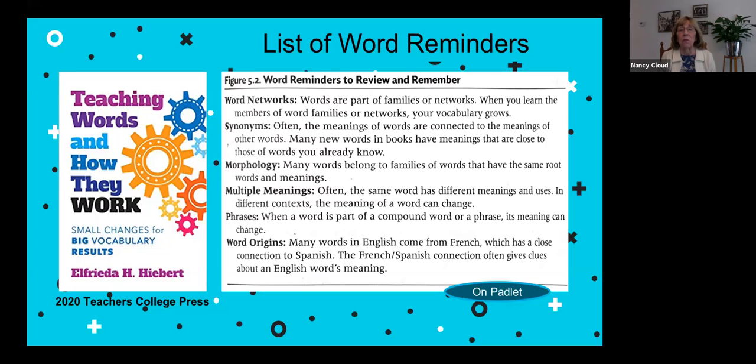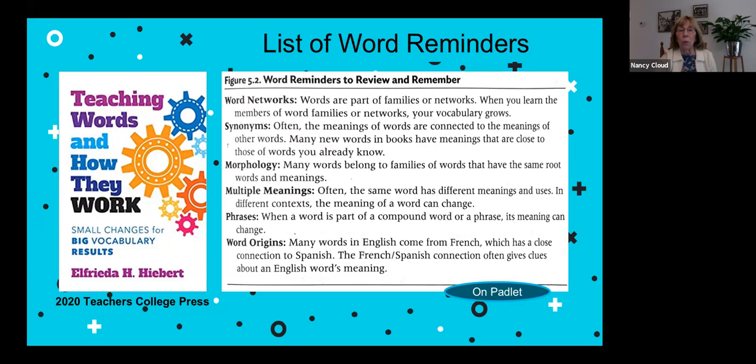The first of which is, hey, words are part of families or networks. And my vocabulary will grow if I learn more members of a word family. So not just the word deter, but also determined and so forth. Deterrent, right? We want them to learn the whole network, or at least some portion of the network.